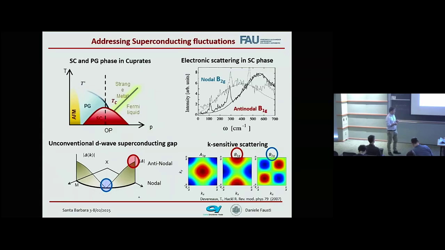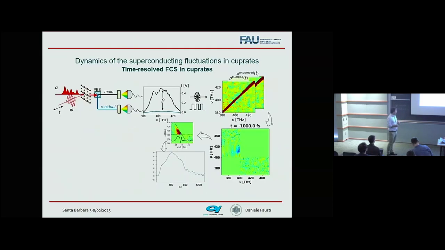There's a long list of publications, ending with this review of Tom, on the kind of information that you get from electronic Raman scattering in superconductors. In high temperature superconductors, there's a very broad scattering feature, which is associated to the presence of a superconducting gap.